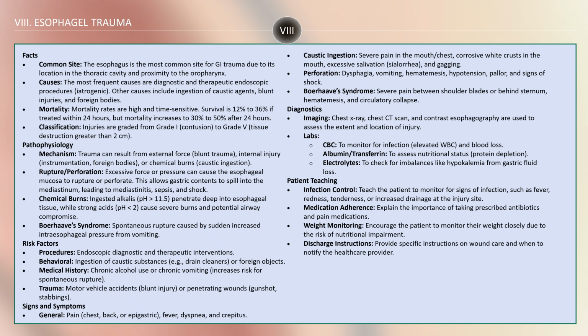The esophagus is the most common site of GI trauma due to its location in the thoracic cavity and proximity to the oropharynx. The most frequent causes are diagnostic and therapeutic endoscopic procedures. Others include ingestion of caustic agents, blunt injuries, and foreign bodies.